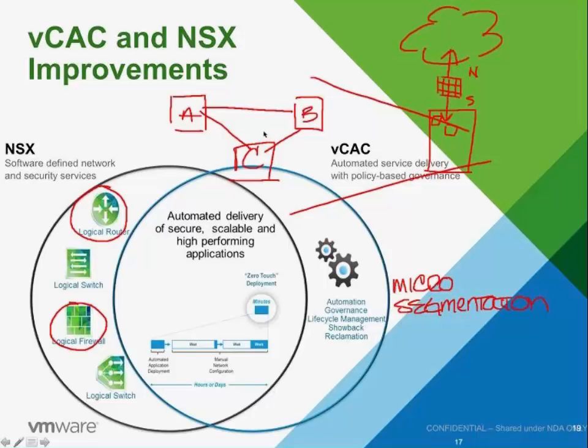Well, with distributed logical firewalls and distributed logical routers, that means that you can create common sense firewalls and rules between these points that give you east and west security. So now you're talking about security north and south, in and out of the data center, and east and west inside the data center.